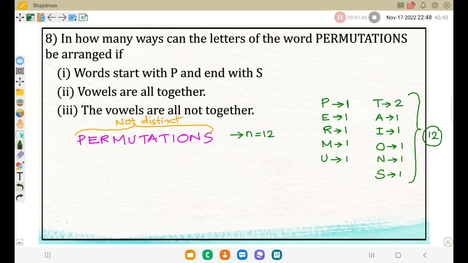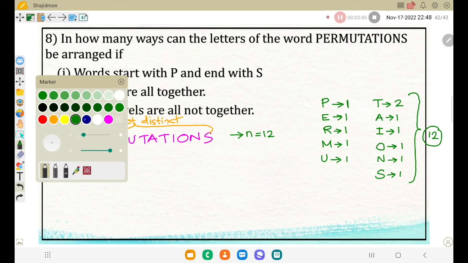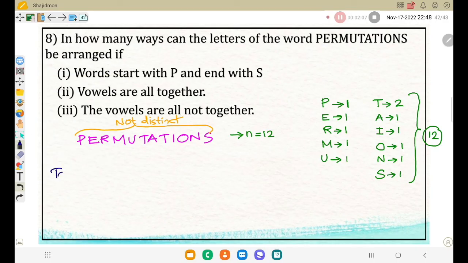Now we will answer the question one by one. First, in how many ways can the letters of permutations be arranged? Before answering part A, part 2, part 3, we will answer how many permutations totally we can form. That we can answer first. Okay, so we can answer the total number of ways.